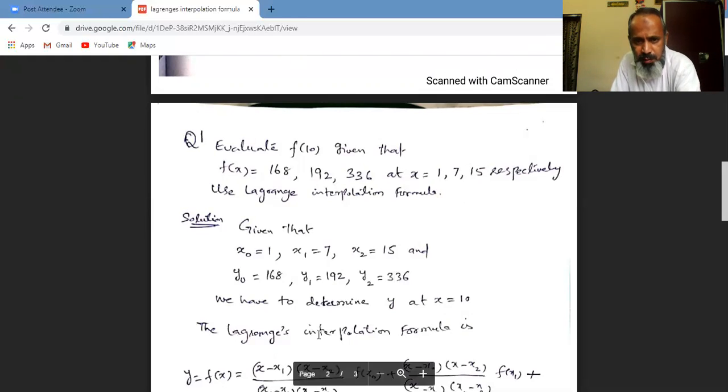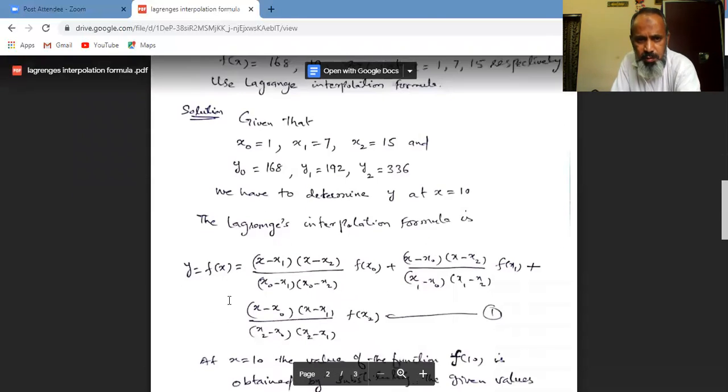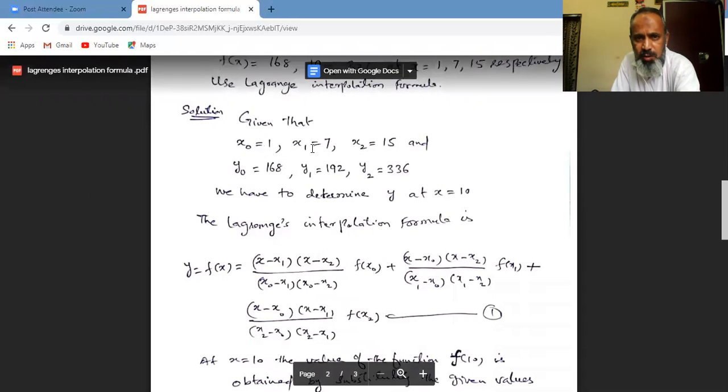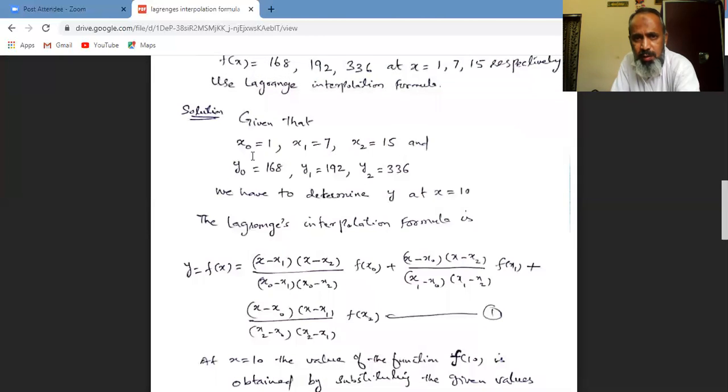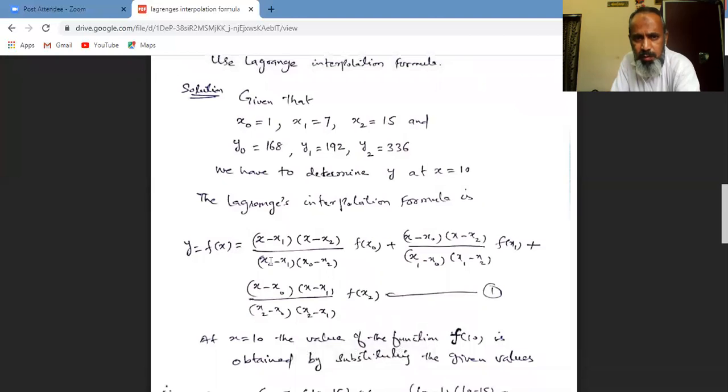The Lagrange's interpolating formula is y = f(x) = ... Three values are given, x0, x1, x2, y0, y1, y2. So we can write the Lagrange's interpolating polynomial as y = f(x) = ... The first functional value is f(x0).